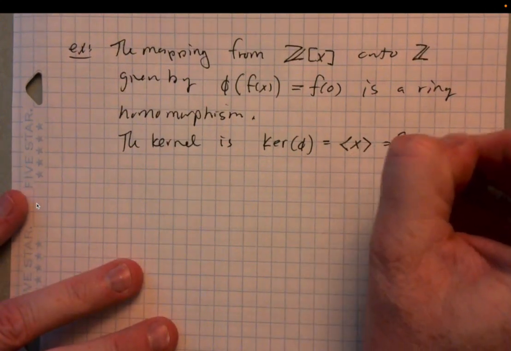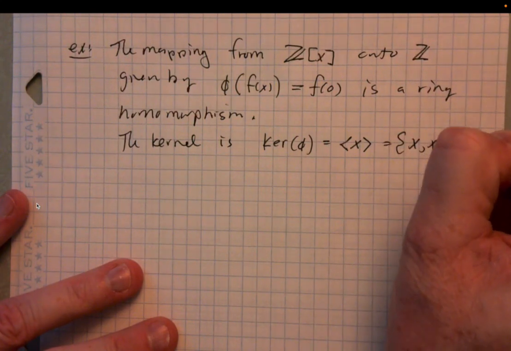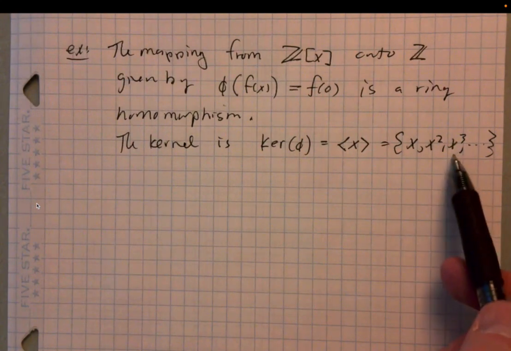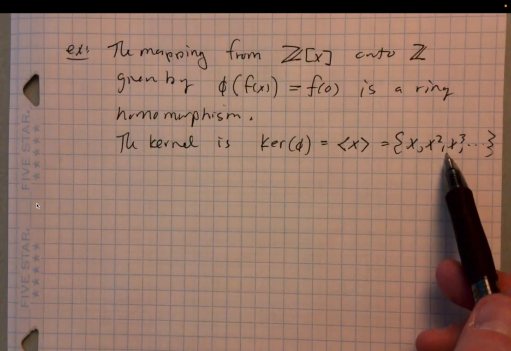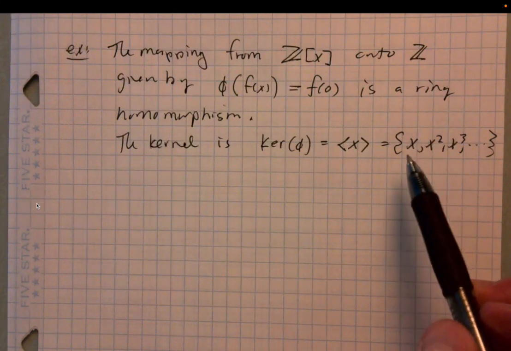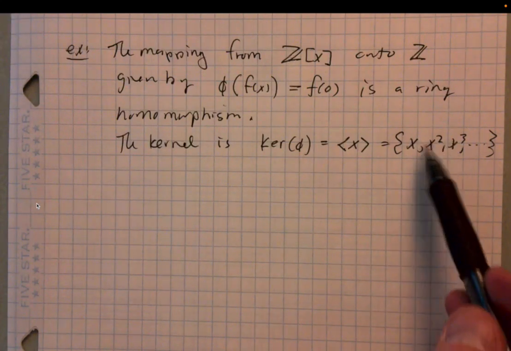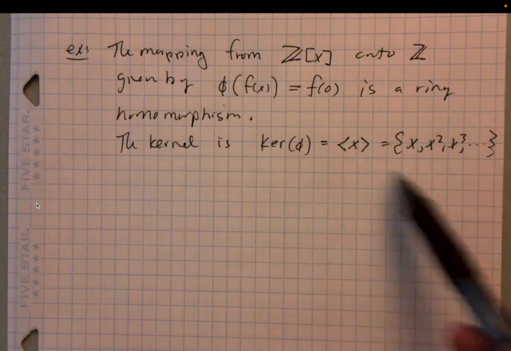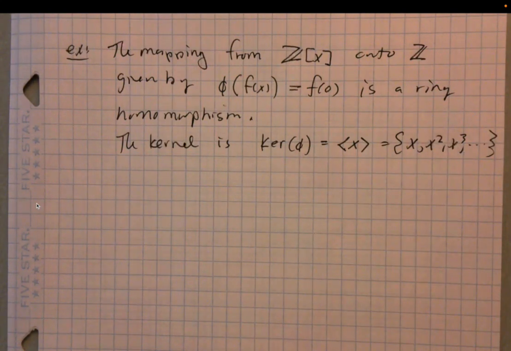Well, that's just x, x squared, x cubed, and so on. All of these are obviously going to map to 0, because anything else won't map to 0. It'll have some additional coefficient. And so this is the kernel of phi.